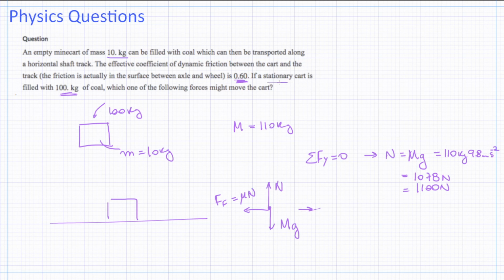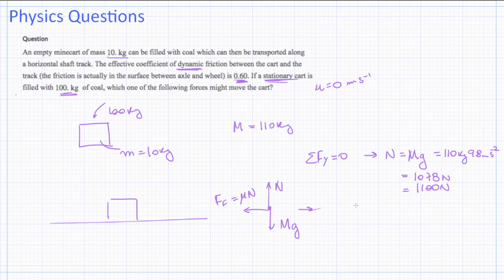Now the question tells us that the cart is stationary, so my initial velocity is 0. If the relative velocity between the cart and the floor is 0, which it is in this case, the actual friction force that we would have would not be the dynamic friction, it would be the static friction.